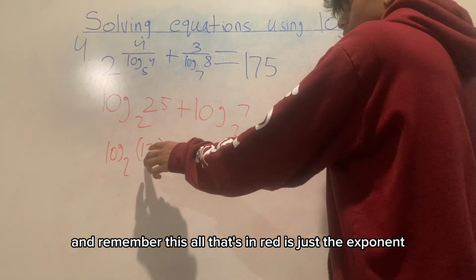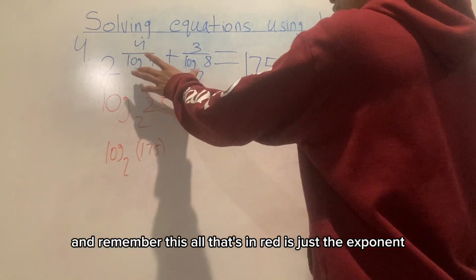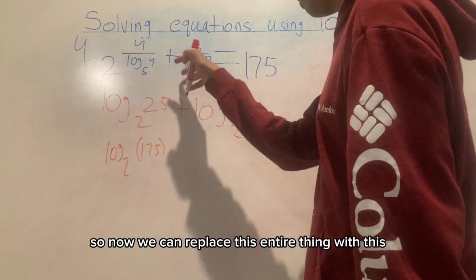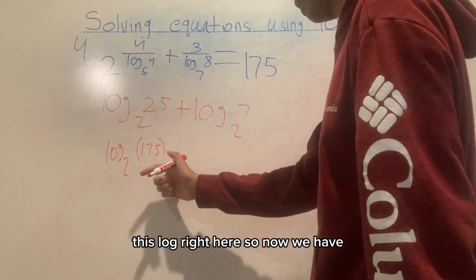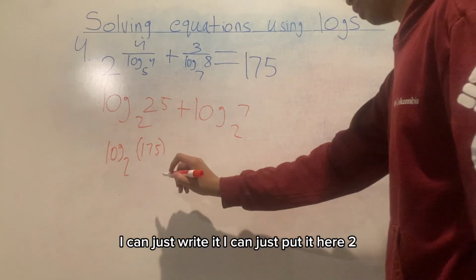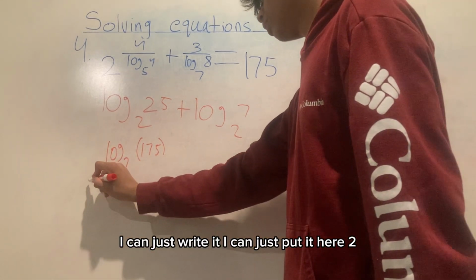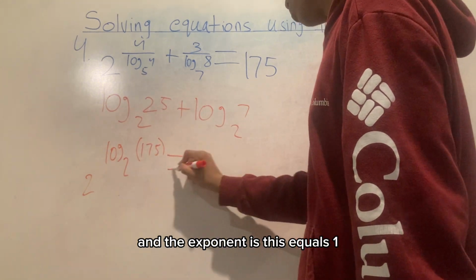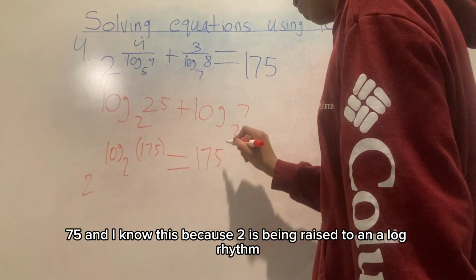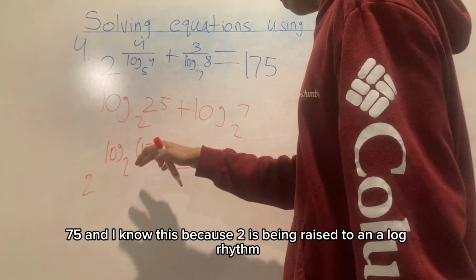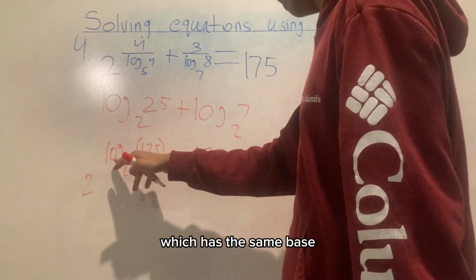And remember, all that's in red is just the exponent. So now we can replace this entire thing with this log right here. So now we have, I can just put it here, 2, and the exponent is this, equals 175. And I know this because 2 is being raised to a logarithm which has the same base.